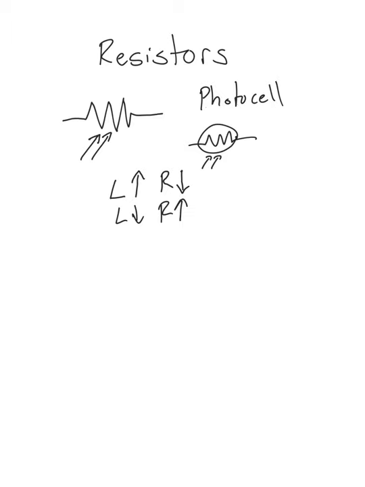Photocells themselves usually look like a little cylinder with a squiggly line on it with 2 leads. Being a resistor, it doesn't matter which lead is positive or negative. Current can travel through this thing in any direction. If you have a dusk to dawn light anywhere in your house, somewhere on that light will be a photocell. That's the way it knows whether it's light or dark out. So a photocell is simply a resistor whose resistance changes based on the amount of light that's striking it.